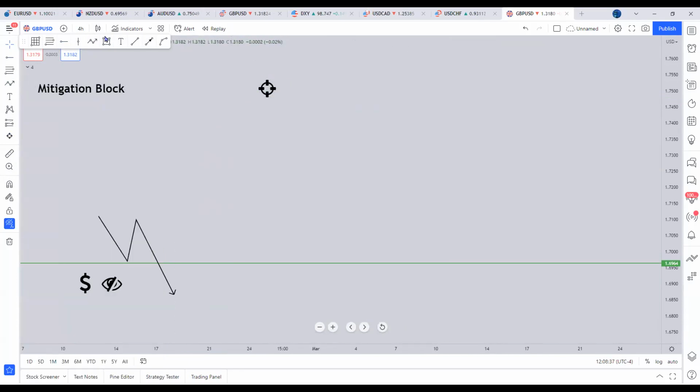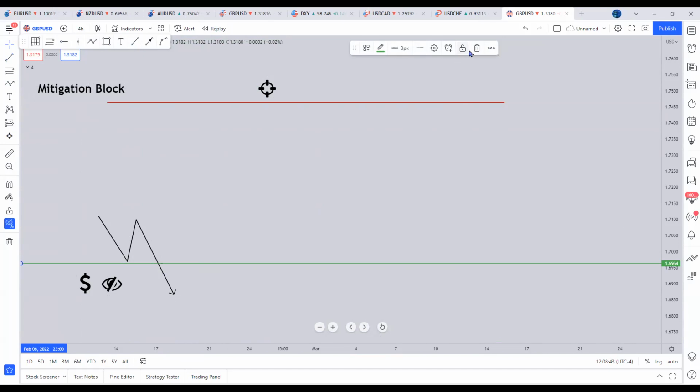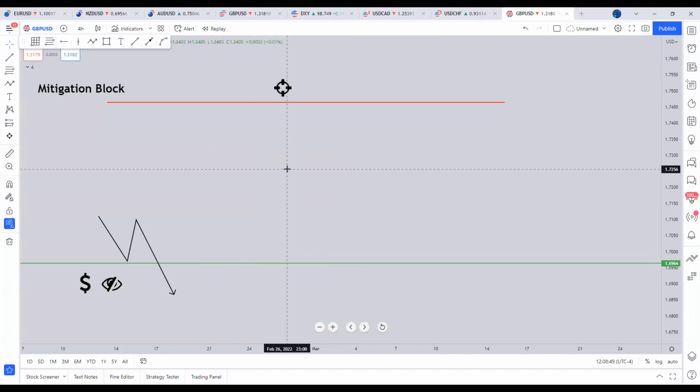Now if price is going to head up here, you're looking for a buy side target, a buy side point.